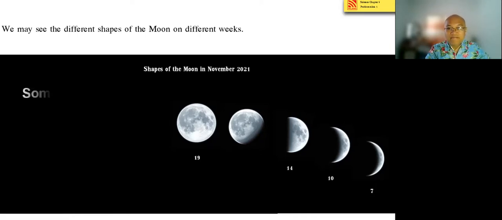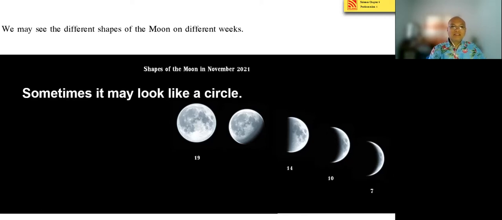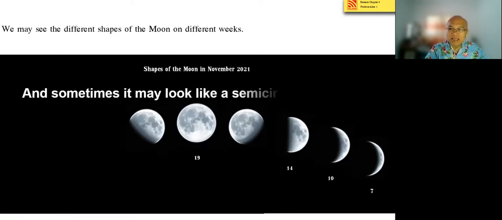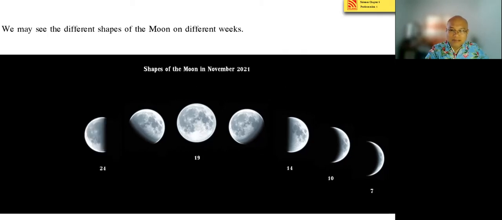Sometimes it may look like a circle. Actually, this should be the second week, the 14th, and the 19th should be the third week. And on the fourth week, sometimes it may look like a semicircle.